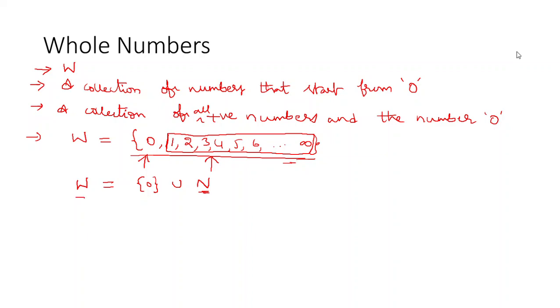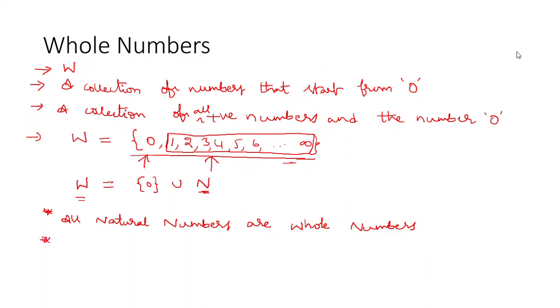So the whole number set is the union of the set containing 0 and all the natural numbers. So we can say all natural numbers are whole numbers.